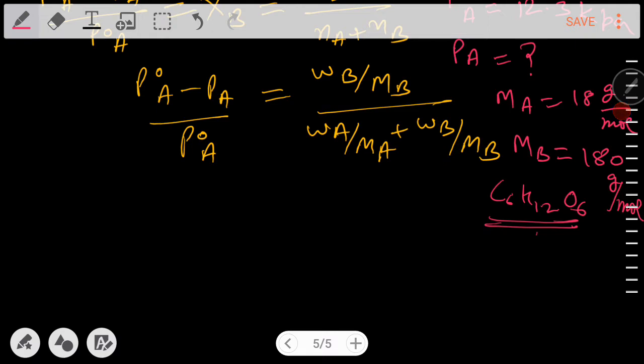So PA we have to determine, P naught A is given here 12.3 kilopascal. Keep in mind, if you are using P naught A in kilopascal, then PA will also be determined in kilopascal.